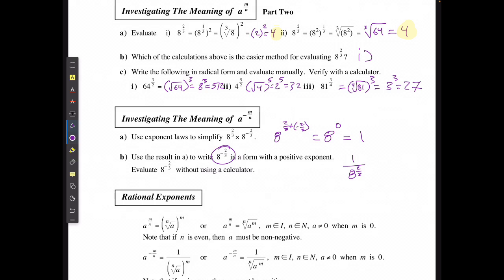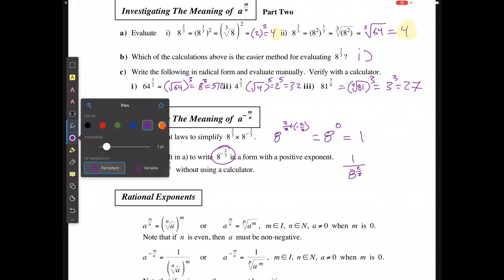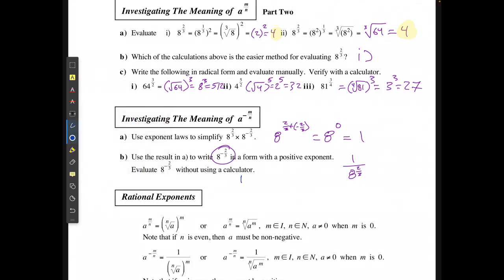I'm going to move the base, or the power, down to the denominator to make the exponent positive again. And then I can do the same process that we were doing in the previous examples. If I have 1 over the cube root of 8 squared, then that's the same as 1 over 2 squared, or just 1 over 4.